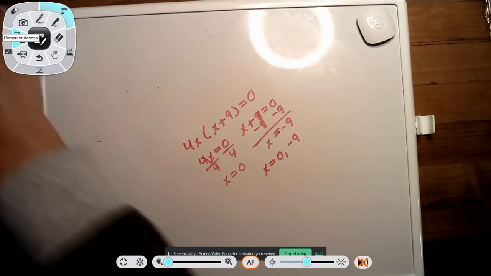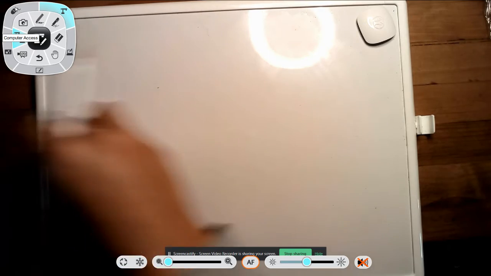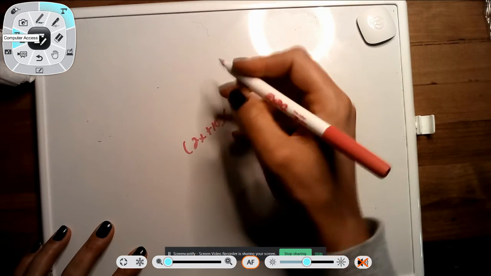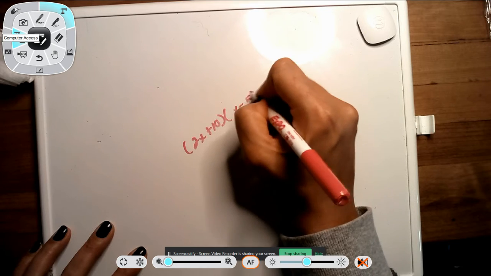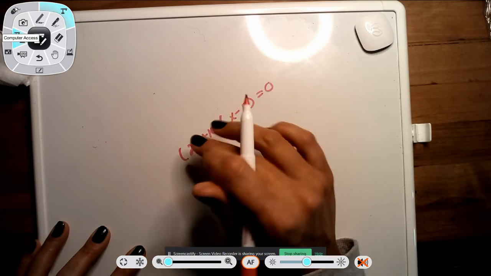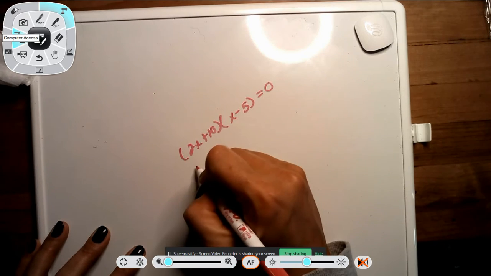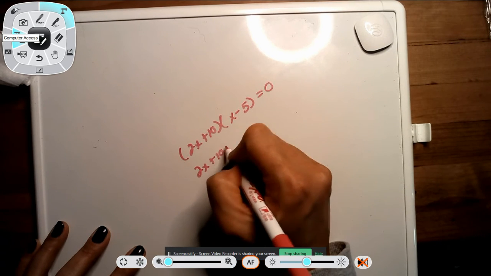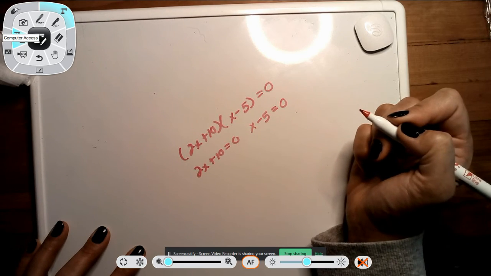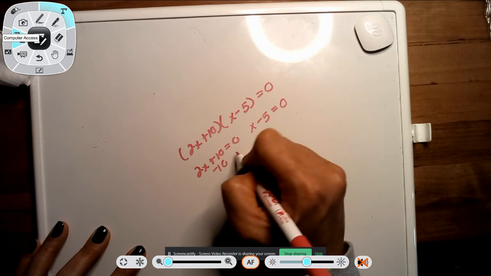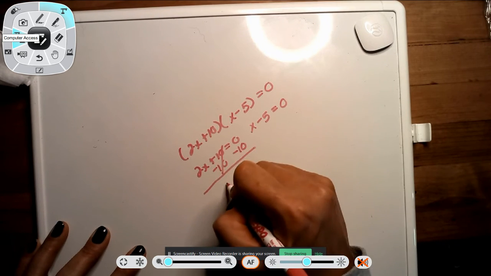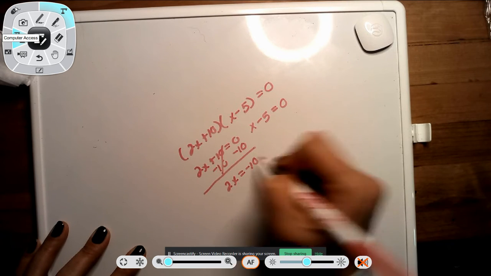Okay, let's take a look at another one. 2x plus 10 times x minus 5 equals 0. Again, I've got two factors like this. I'm going to set them both equal to 0 and solve. In this one, I'm going to subtract 10 on both sides. 10's cancel. 2x equals negative 10.